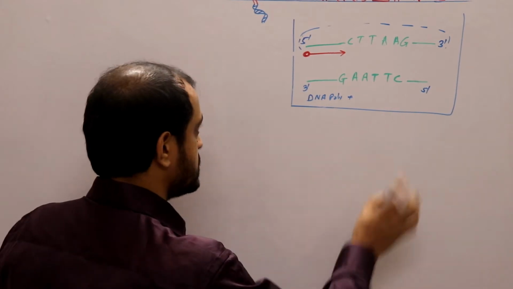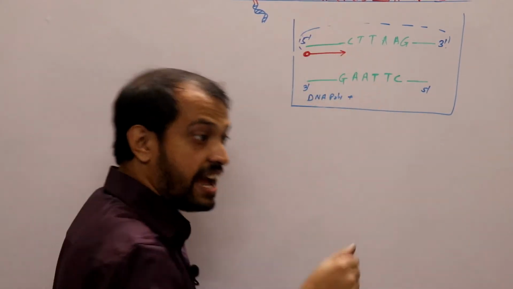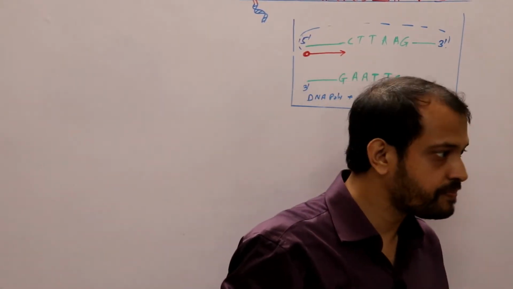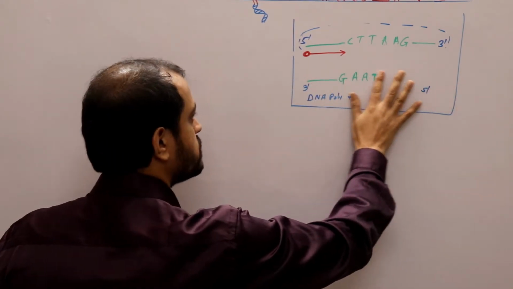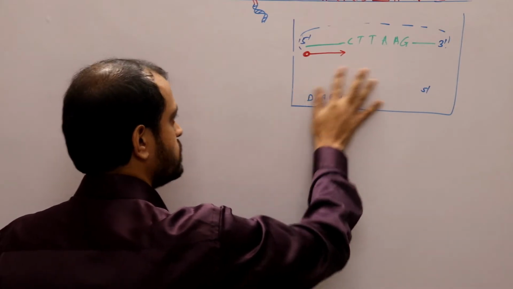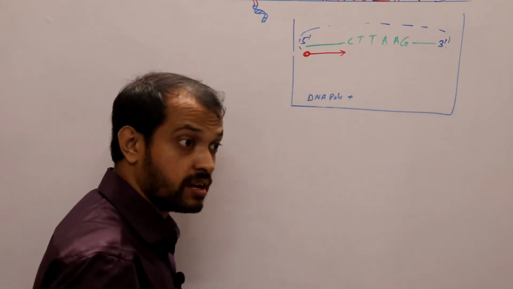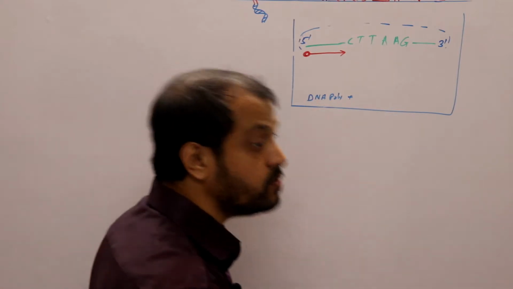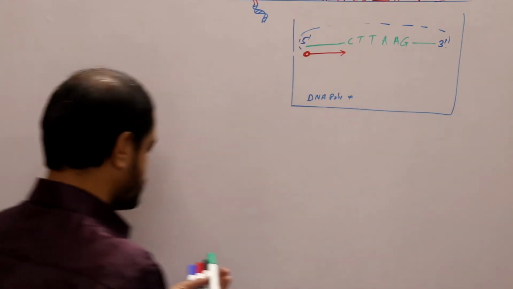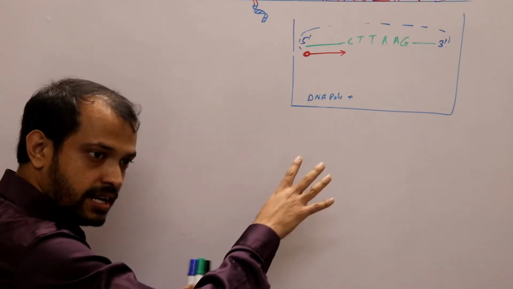So successfully, thanks to God, our primer has annealed to single-stranded DNA. That means we are not considering the other strand. It is there, but this strand is of no use right now.